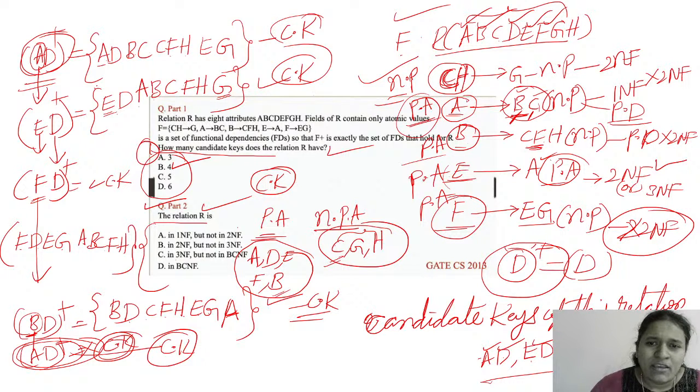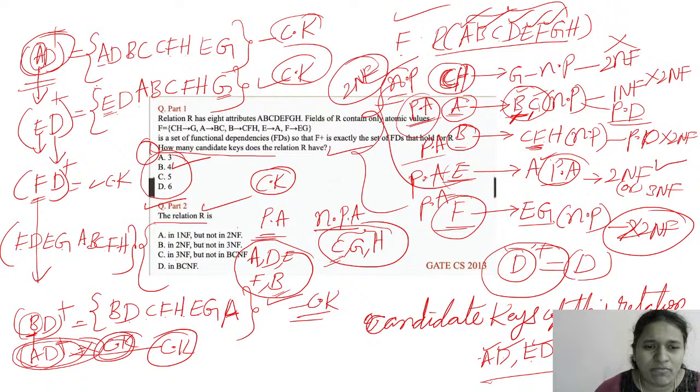Finally, what we can conclude is that this relation is not in 2NF, because if any one functional dependency is not following the rules of second normal form, the whole relation fails. Here we can say that this relation is in 1NF but not in 2NF.